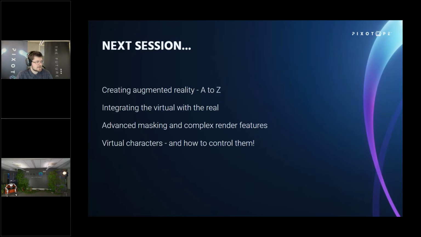We're then going to branch out into more advanced masking and ray tracing techniques, as well as more complex render features like light wrap and similar. And at the end, we're going to wrap up with a practical use case, which is going to be virtual characters, as well as how we control them and interact with them using our control panel interface.